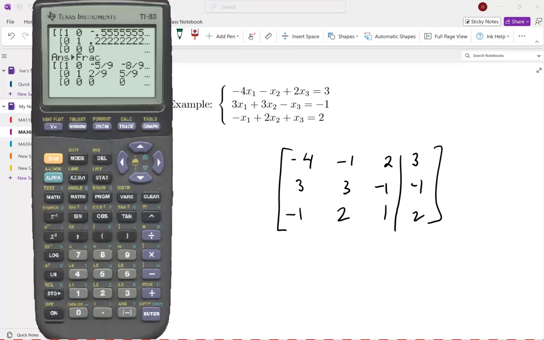It's still okay, right? It's going to be consistent. Notice, however, we've got that column that doesn't have a pivot in it. The x3 column here doesn't have a pivot. We refer to that as a free variable again. Free variables mean that I can pick whatever I want for that value, right? So this has got one free variable in it.